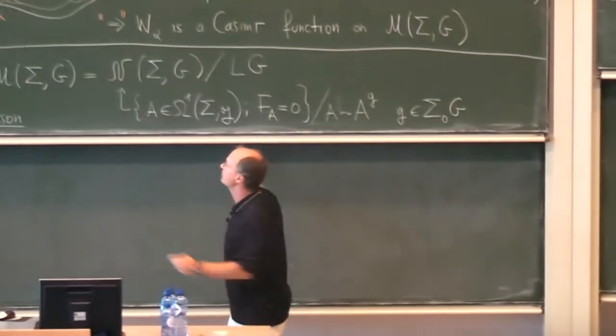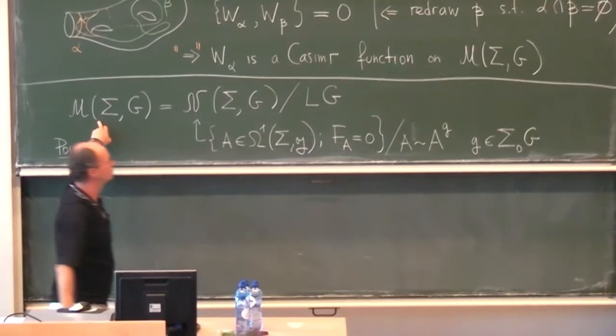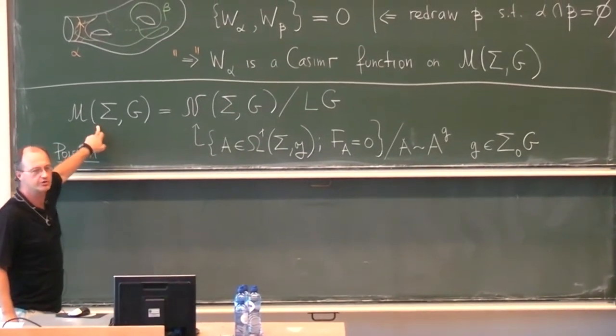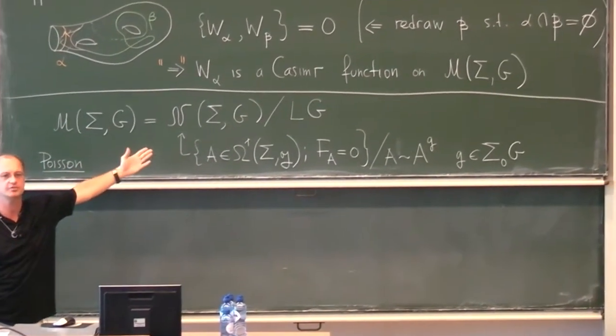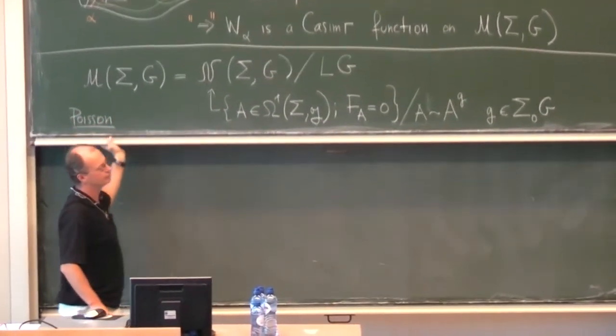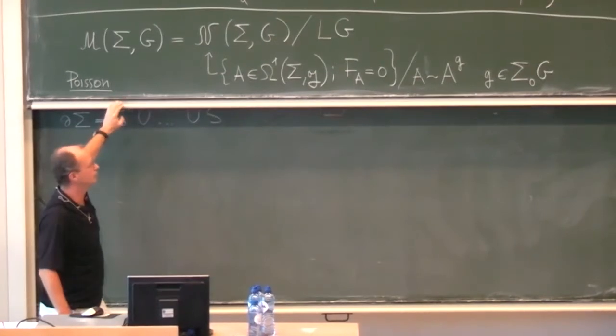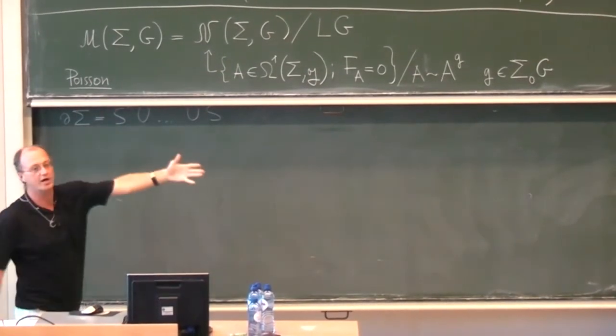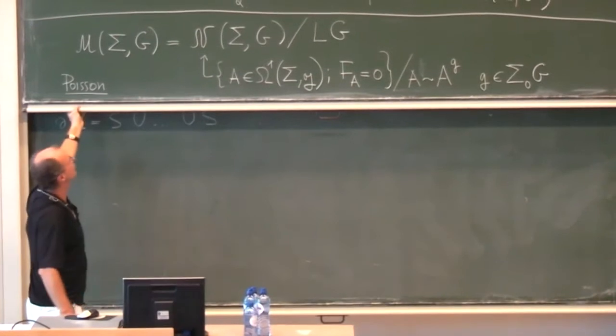So now, what happens here? We know that this space is Poisson, right? So then we need to analyze what these symplectic leaves are. Where would we have non-degenerate forms?